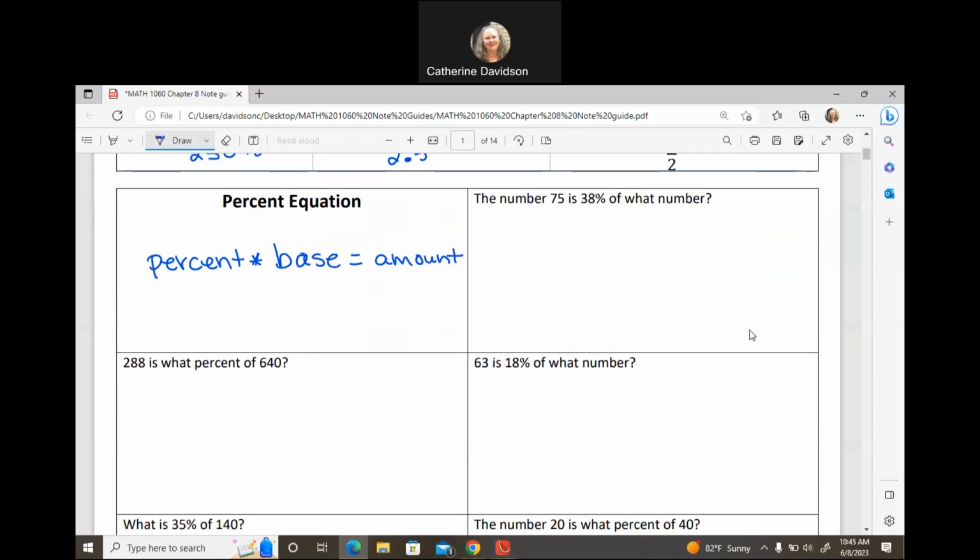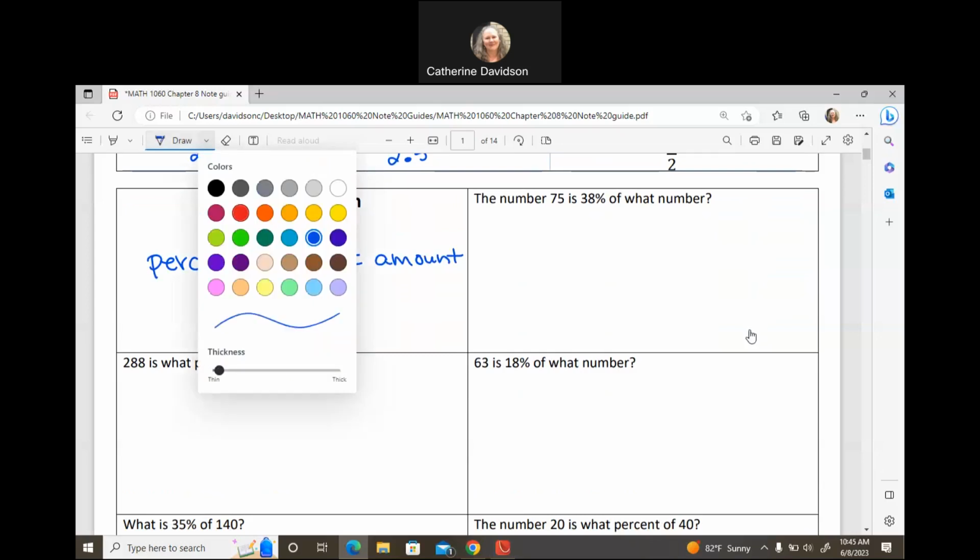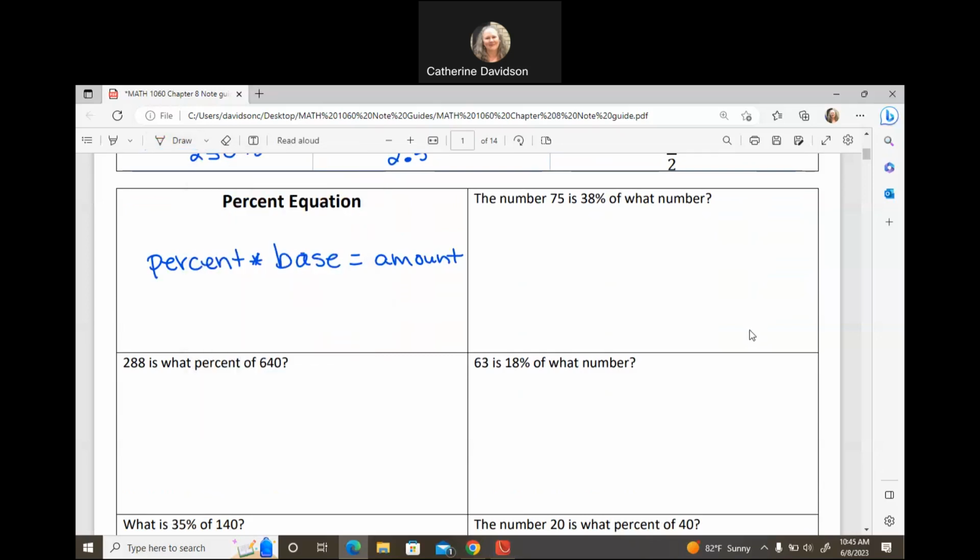So what you need to do is figure out the difference, which one is the amount and which one is the base. The base has the word of in front of it on all of these. These are pretty straightforward. All right, so the number 75 is 38%.